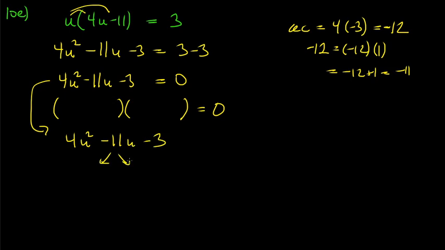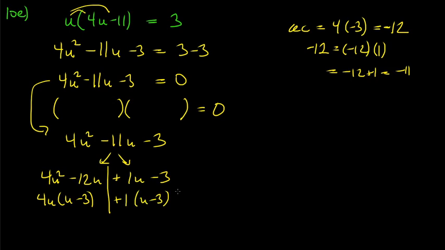So negative 11u is just negative 12u plus 1u. And when you factor it by grouping, you split it up. You factor out the 4u, and you get u minus 3. This is plus 1 times u minus 3. So you factor out the u minus 3, and the other factor is 4u plus 1.